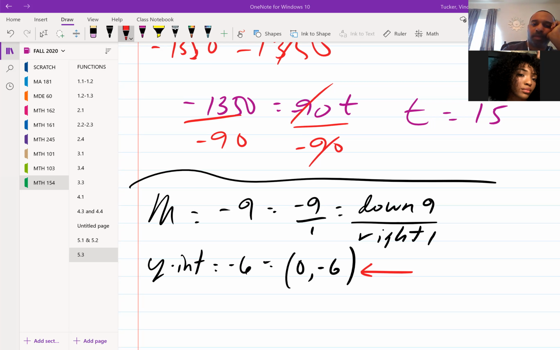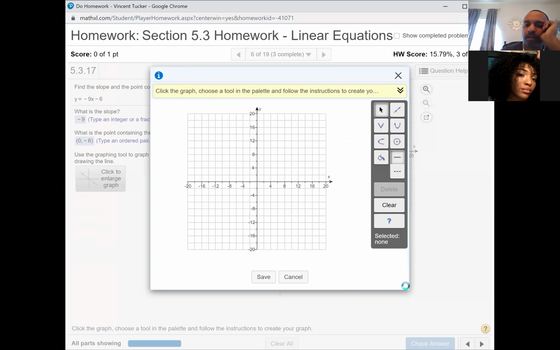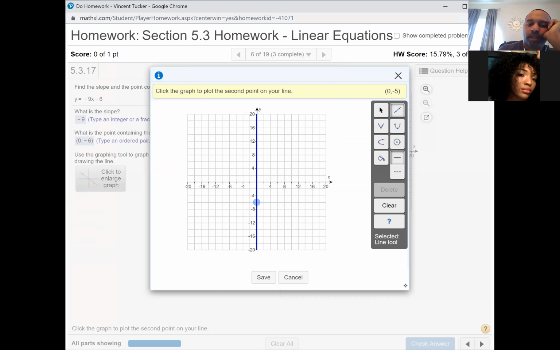All right, so let's go back on the graph. We click this point, we're going to go to -6. Notice how it's in increments of 2. So -6 will be right there in between the -4 and -8. We want to go down 9. So that's 16, so right here, and then over 1.